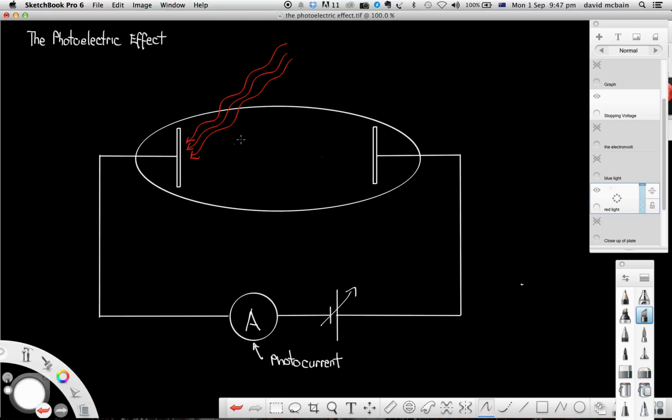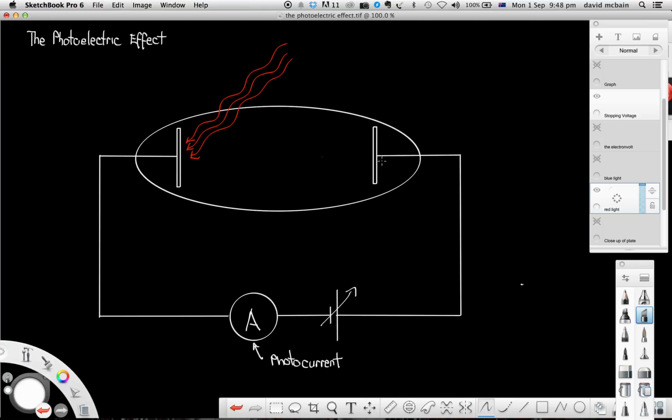And if the light has enough energy, it will actually knock out electrons from the metal plate. And those electrons, if they have any kinetic energy at all, will jump across this gap, and as a result will run around the circuit, and we will read that as a current.